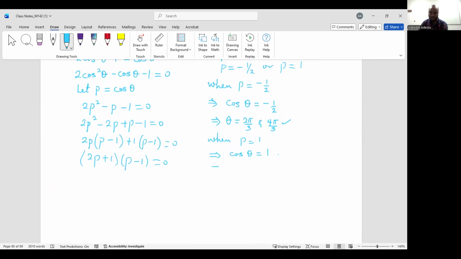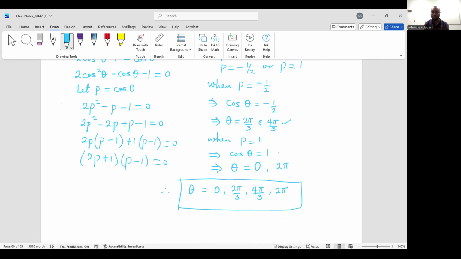So that implies that theta is 0 and 2 pi. And again, that is the answer. Therefore, our solution is theta equals 0, 2 pi over 3, 4 pi over 3, 2 pi. So that is our answer. We are only looking for solutions within 0 and 2 pi. So done.